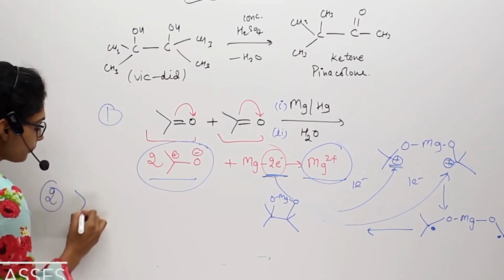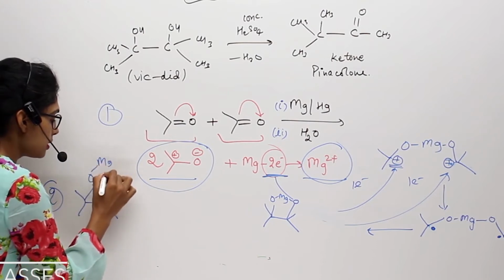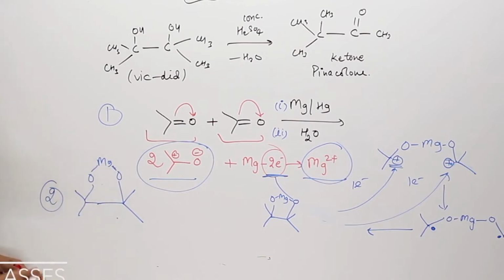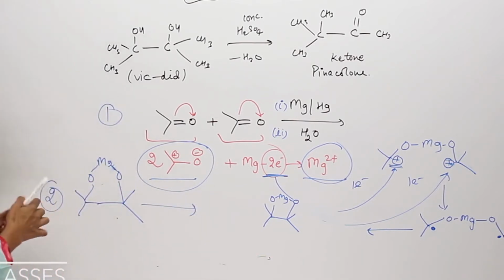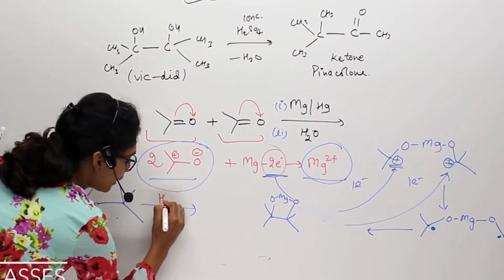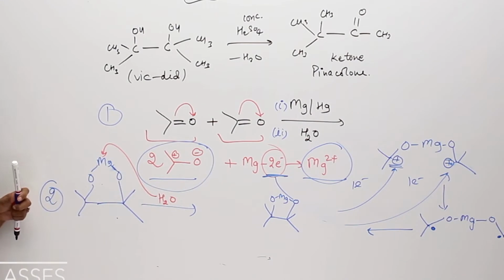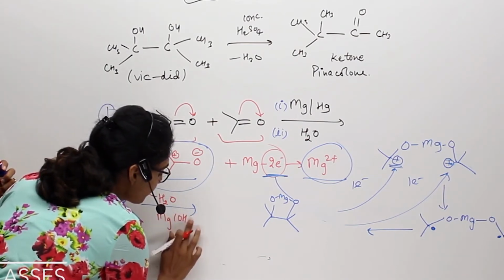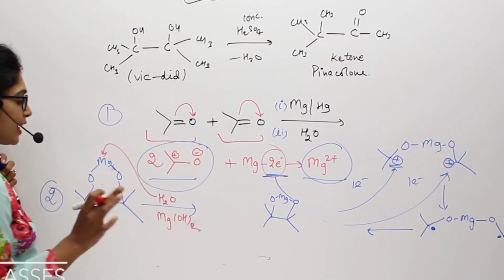Now as we have got this, in the second step, water will attack this magnesium, and then magnesium will form Mg(OH)2, along with the removal of H plus and H plus.